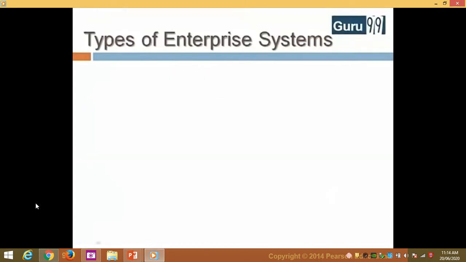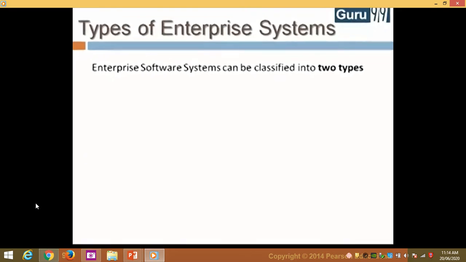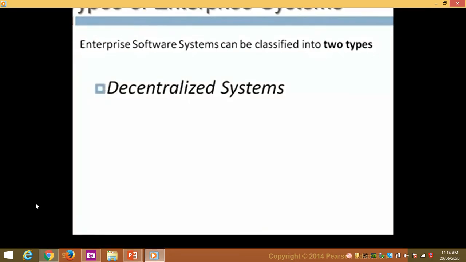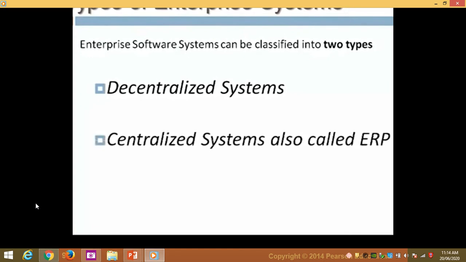Based on the manner in which communication and data exchange is managed, enterprise software systems can be broadly classified as decentralized systems or centralized systems, which are also called ERP.